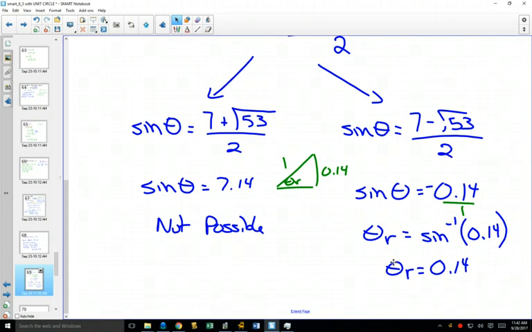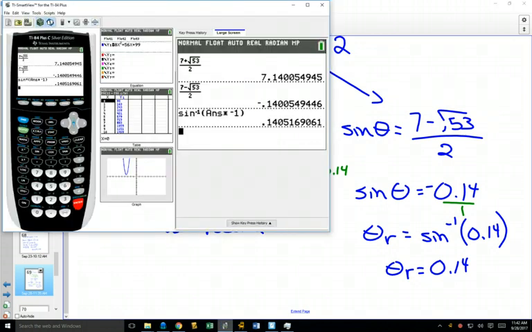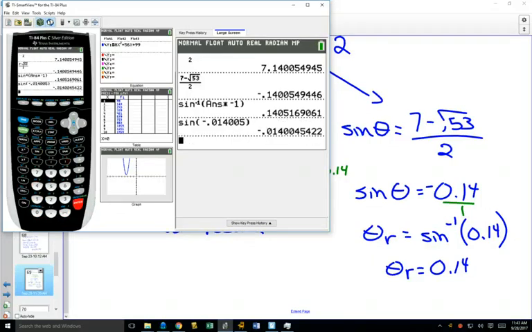There was a final exam 3 or 4 years ago where a number of students were given full marks that shouldn't have been, because a really common mistake when finding the reference angle is just to go sine of negative 0.014005. They just hit sine instead of, ooh, this one works.